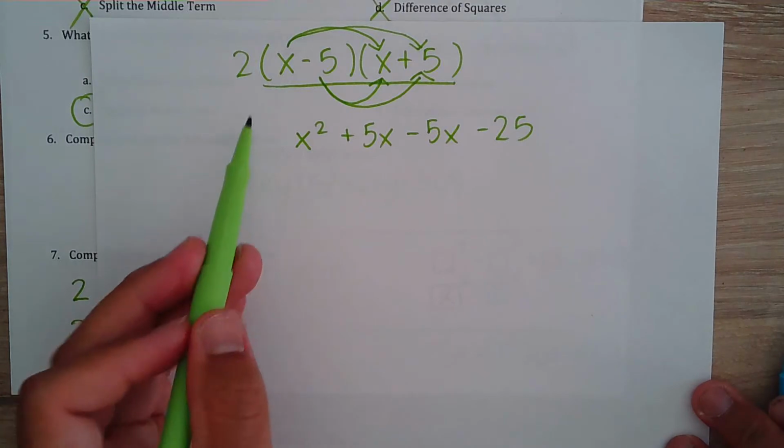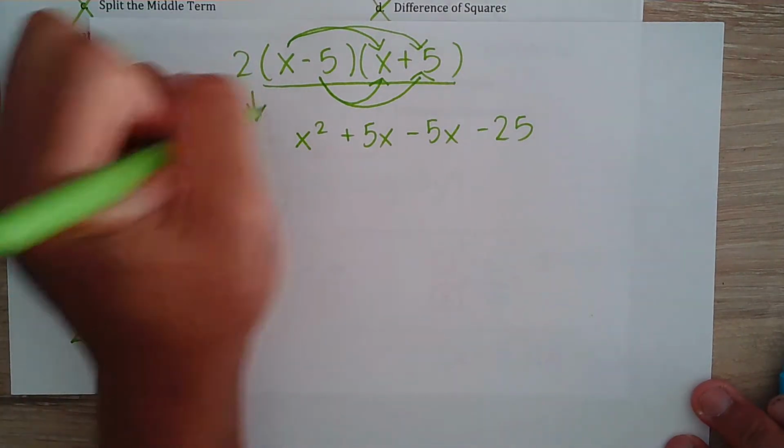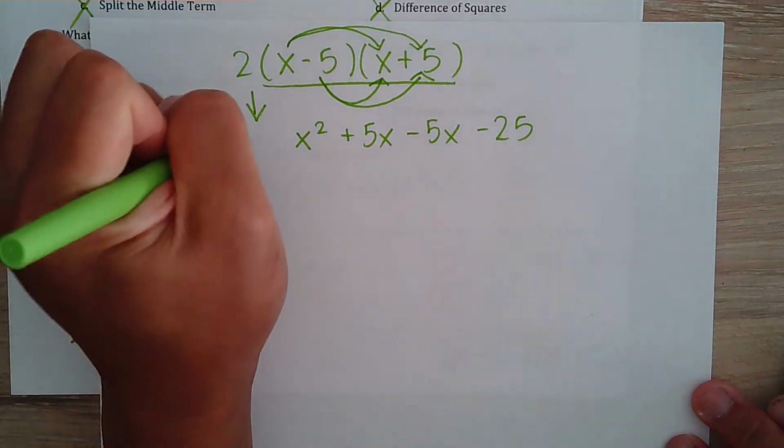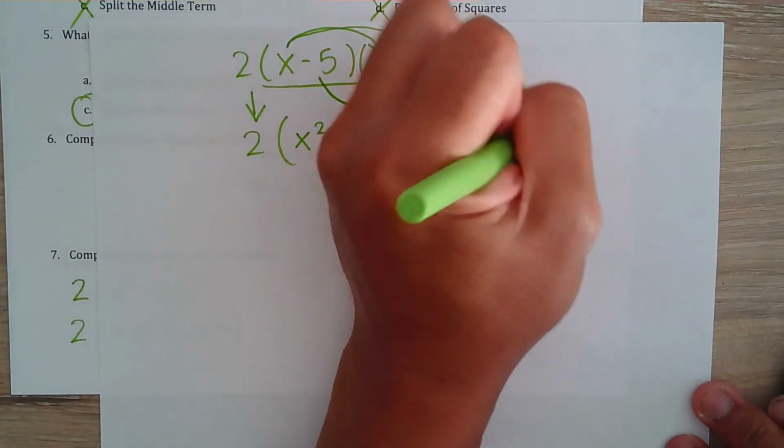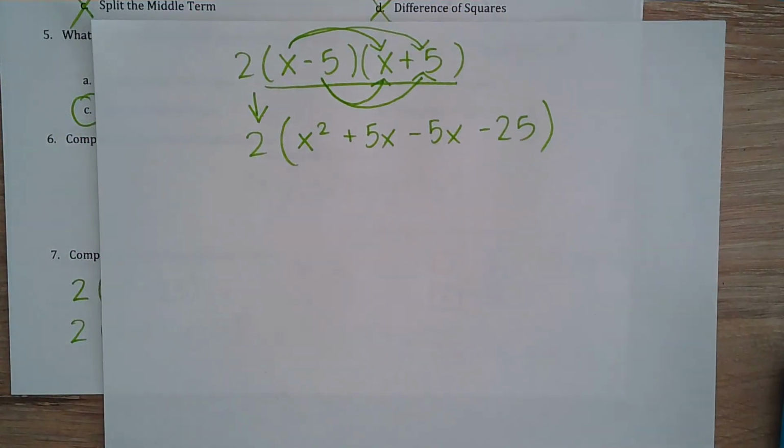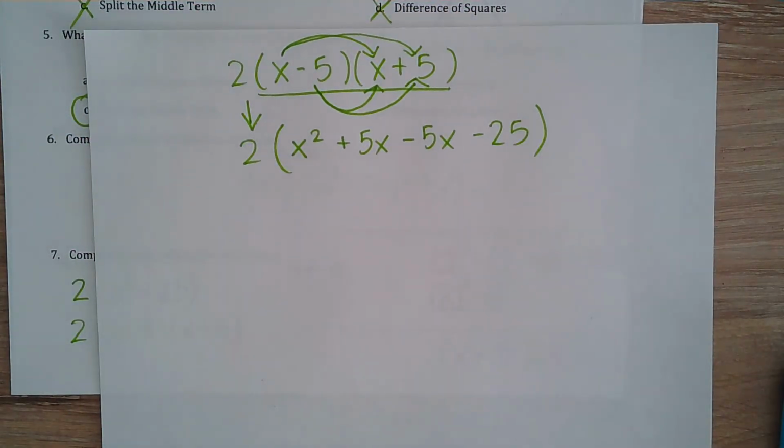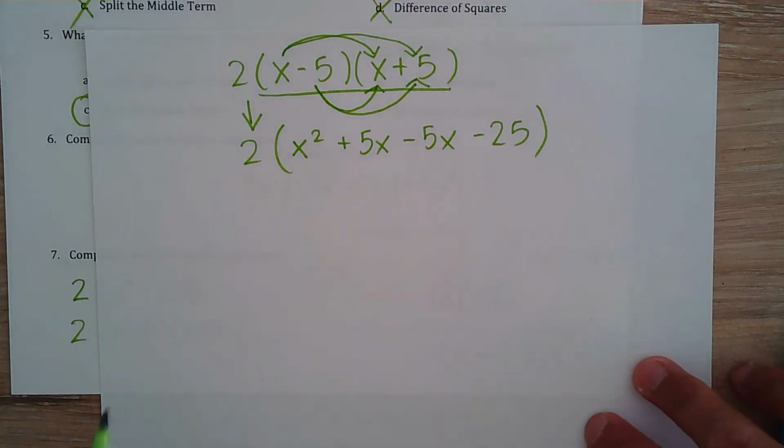All right, and then we're still multiplying by 2, so I'm still going to bring that 2 down. And then now we have to simplify what we have in parentheses. As you guys know, we should get x squared minus 25 in parentheses, right? And let's see if we get that.